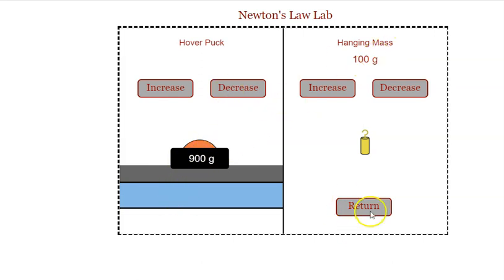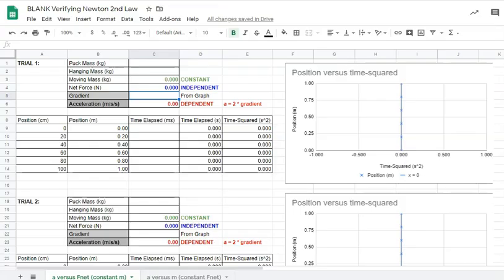So we'll go back. Actually, let's record the data. So we've got the puck mass is 0.9 of a kilogram, and the hanging mass is 0.1. So that gives us a constant mass. So we've got to make sure when we increase the hanging mass to increase the net force that we start to reduce the same amount off the puck mass as we go.